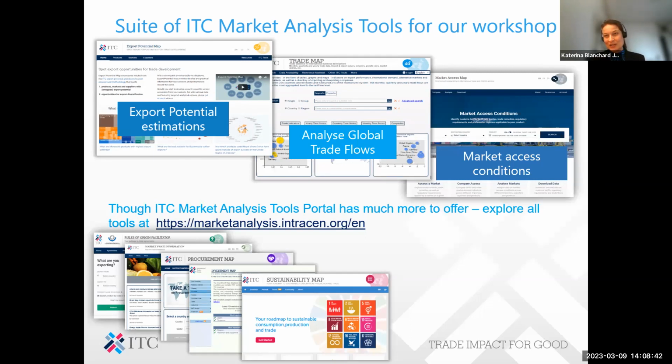What is important to mention, I would strongly recommend you to register if you wish to use our tools. In some cases, this can make a difference in terms of the availability of information for that particular tool. I'm very thrilled to share with you that the use of our tools is free of charge for subscribers from developing countries, and also for those of you who are based in the European Union.